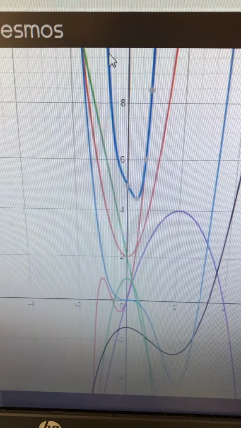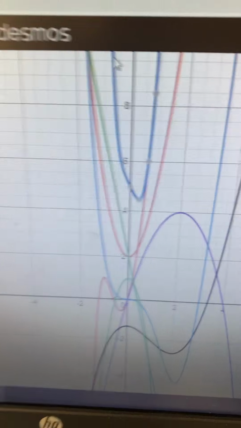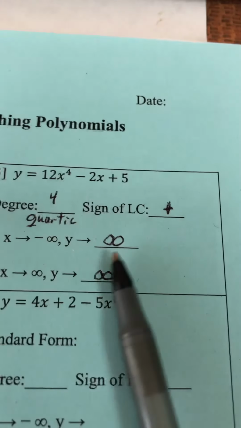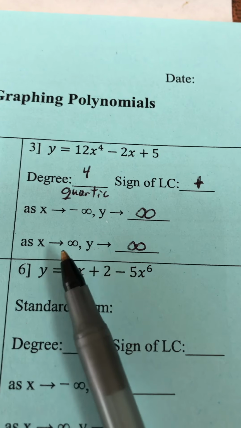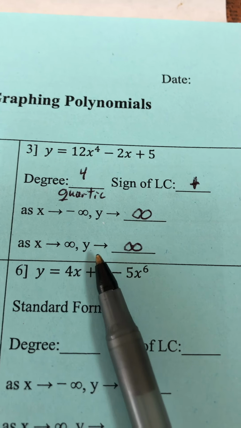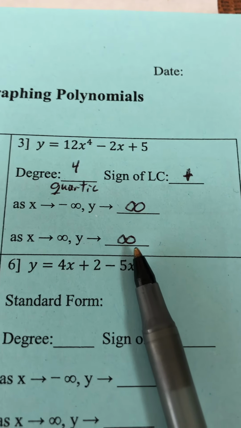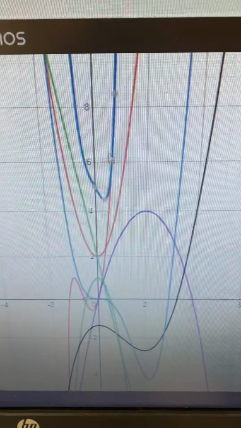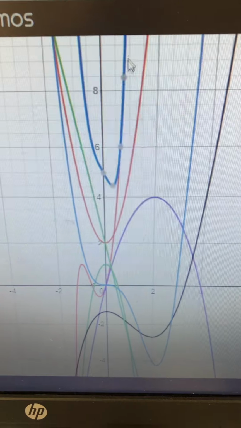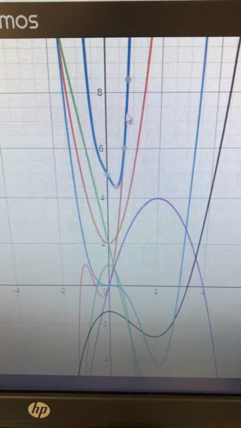It's going to positive infinity in the y, so that's why this is positive infinity. And as x is going to positive infinity in the other direction, it is expanding upward also, and it's going to positive infinity in y. That's this line right here that I'm tracing, going to positive infinity.